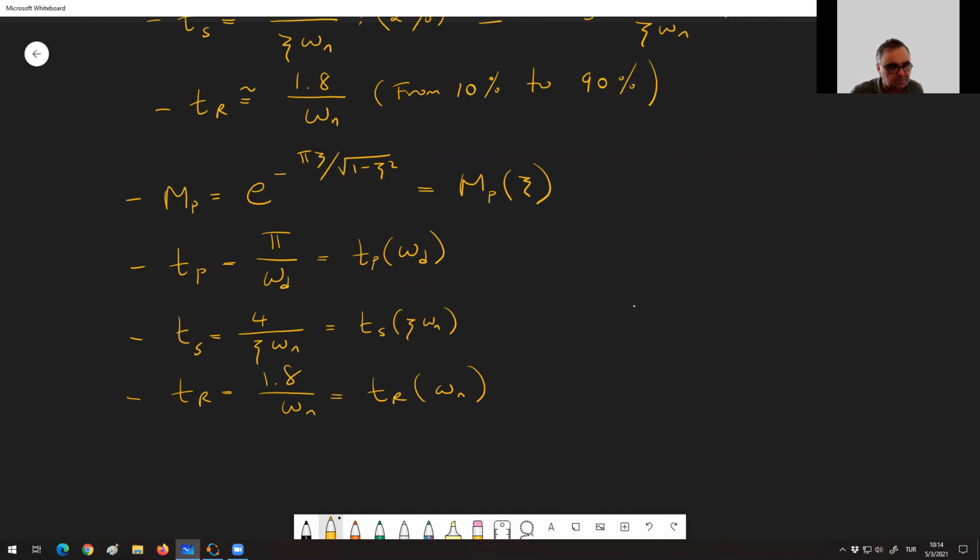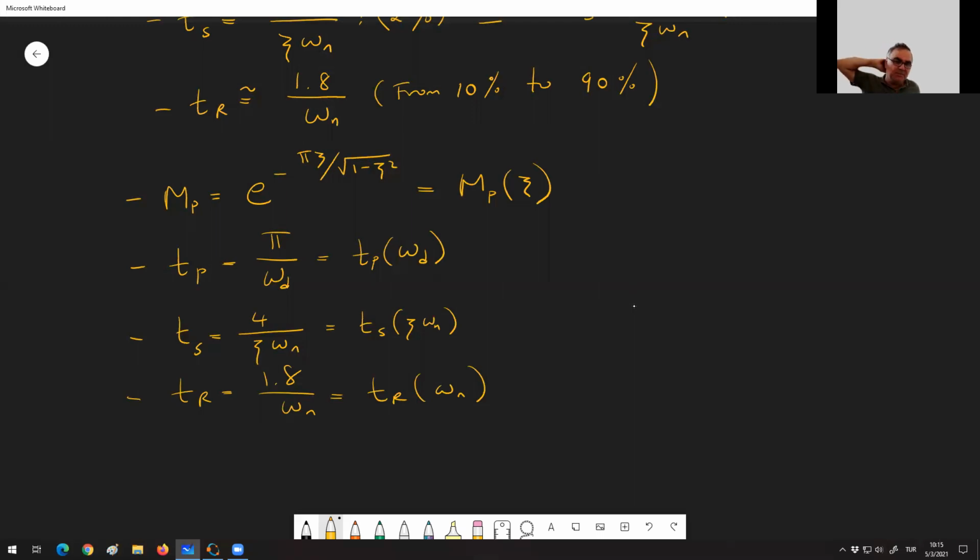So when you define certain parameters like these ones, for a second order system, you can exactly solve for the necessary parameters in your system.